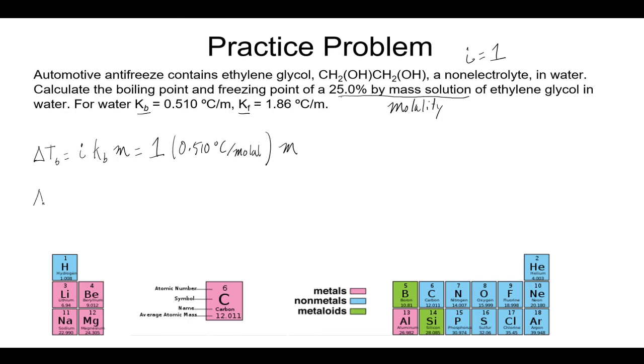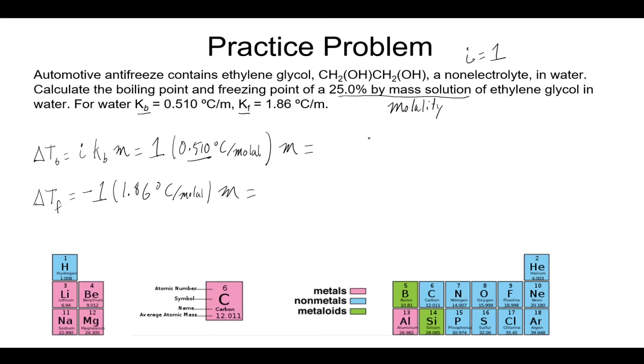In the same way, my freezing point depression, it's going to go down, so there's a negative sign, and there's still the i, 1. There's the freezing point constant, which is different than the boiling point. Notice it's not 0.5, it's 1.86. Students will often make that mistake. And there we go. So if we can figure out the molality, we just plug this in and we have our answers.